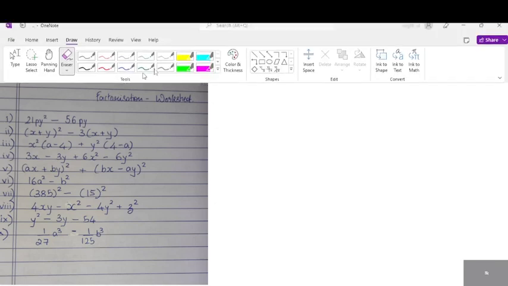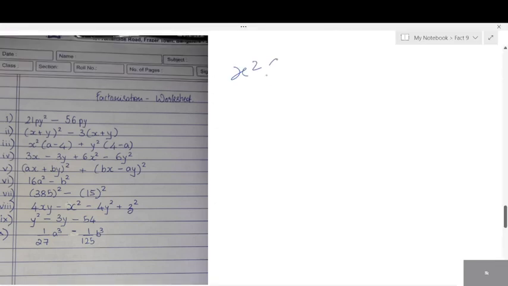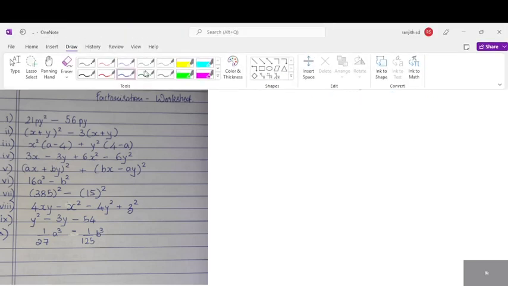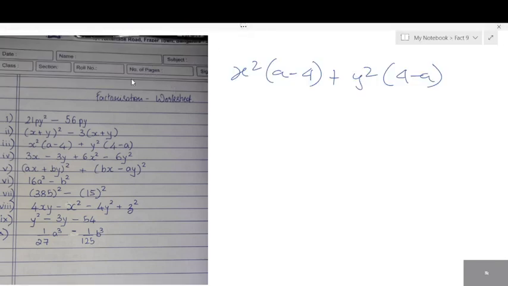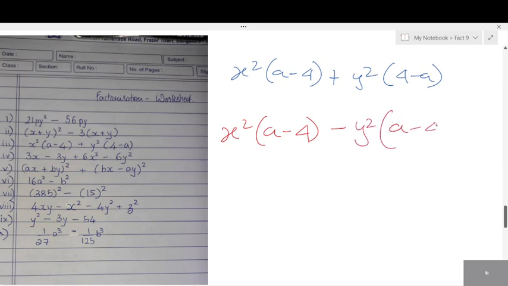Next one. x square minus y square into a minus 4, plus 4 minus a is given. The bracket values are not the same. So what are we supposed to do? If bracket values are not the same, you shouldn't change the bracket. You have to change the sign here. Change the sign and the values will automatically change.